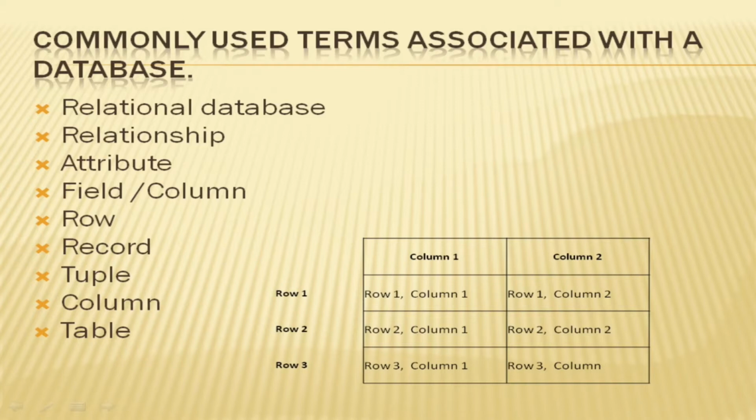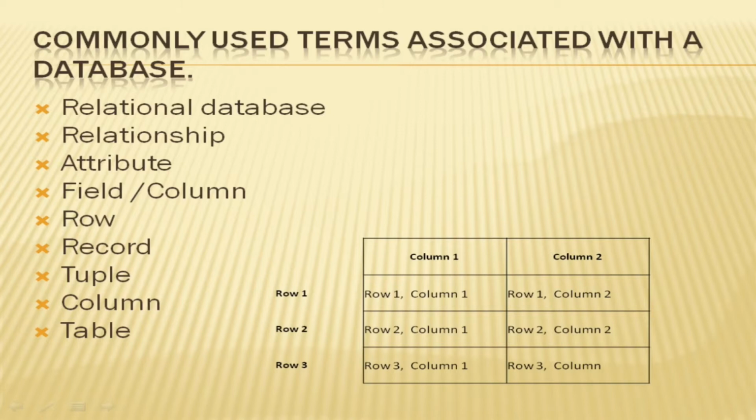So an entity would be like the thing you're storing information on, like a student. So a student would be an entity, and an attribute of that entity would be first name, age, surname, height, etc.